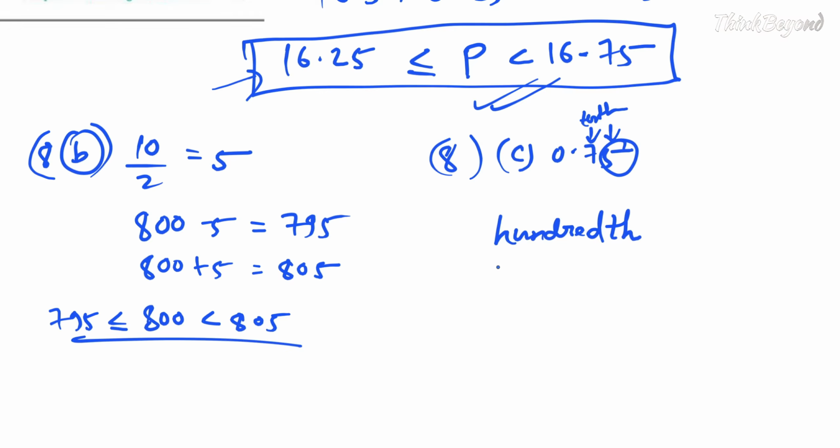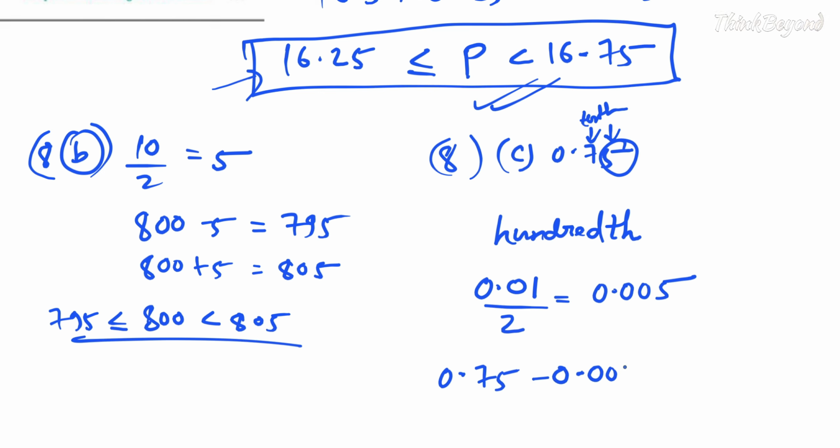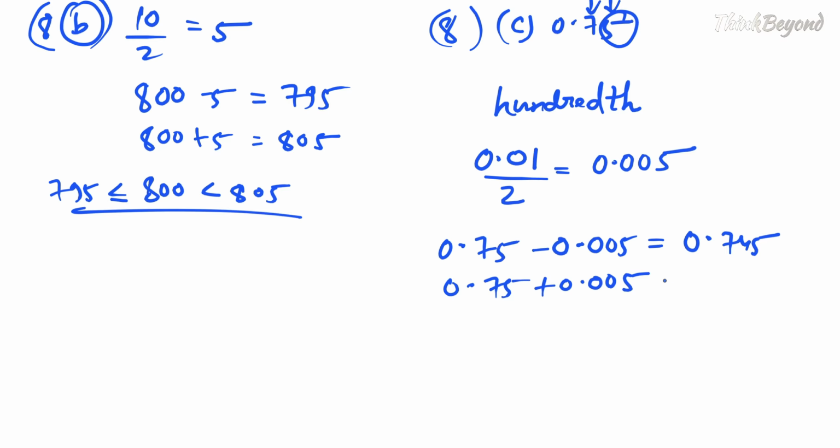So half of the hundredths place is 0.005, right? Now 0.75 minus 0.005 will give you 0.745. 0.75 plus 0.005 will give you 0.755.